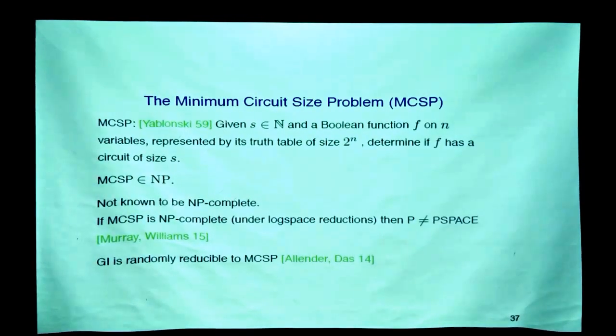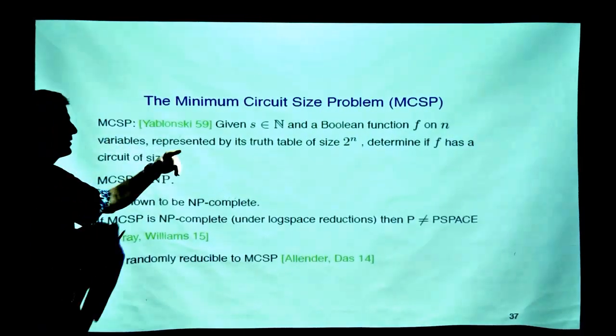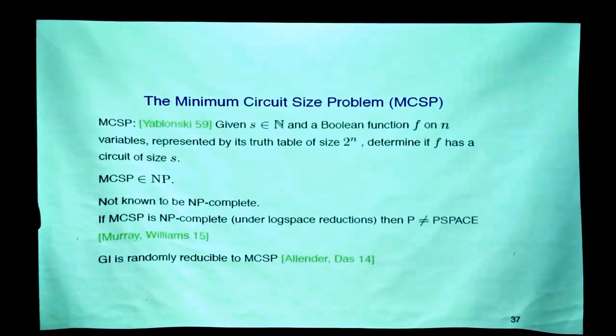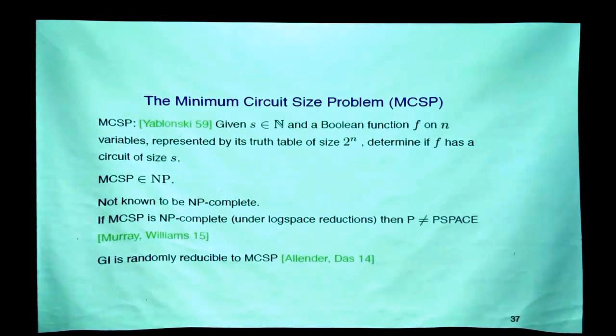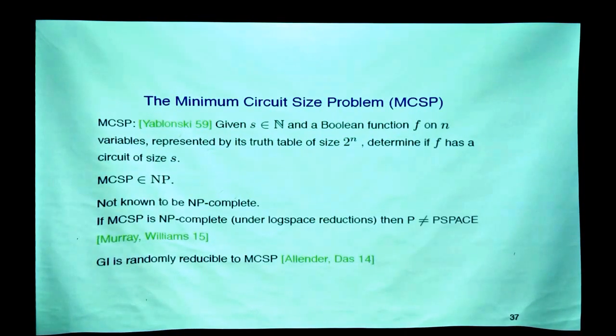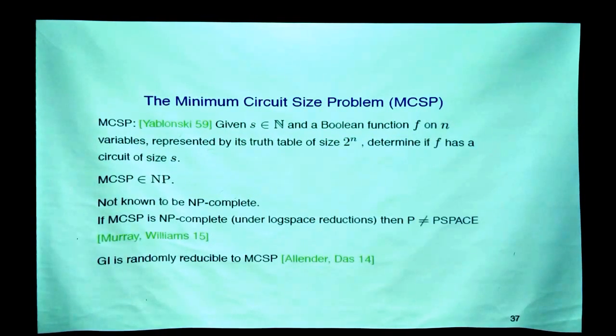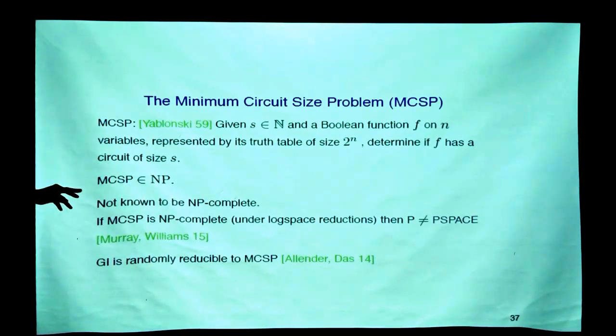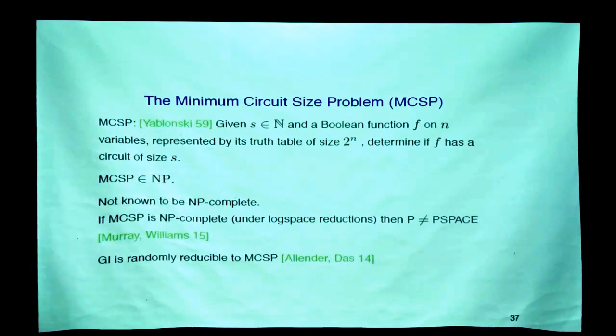And then, because you have the whole truth table, testing the circuit will take time proportional to the size of the truth table. It's known to be in NP, but not believed to be complete.